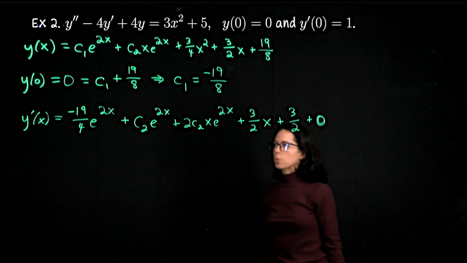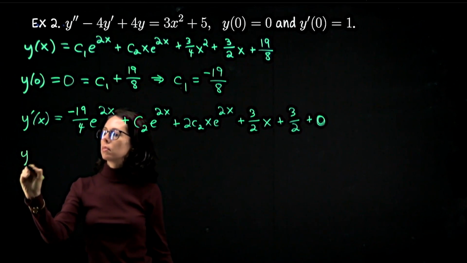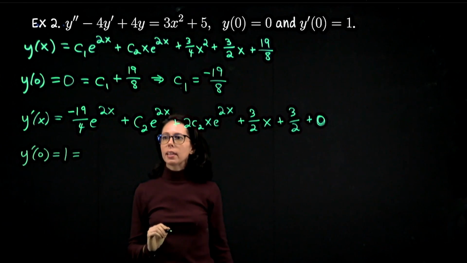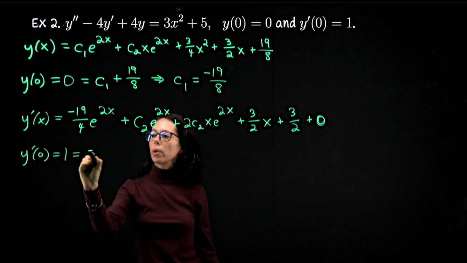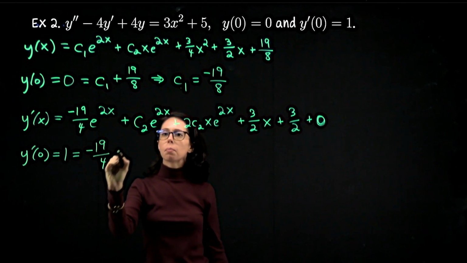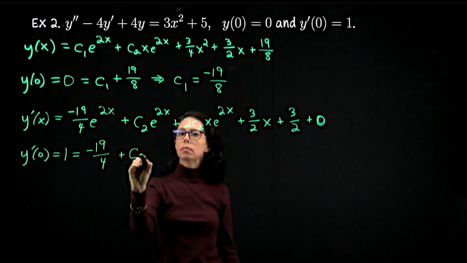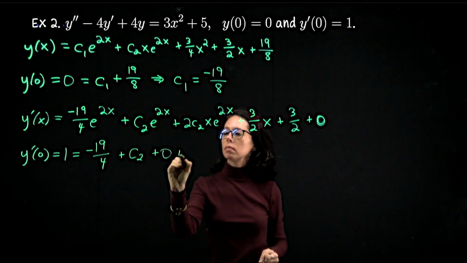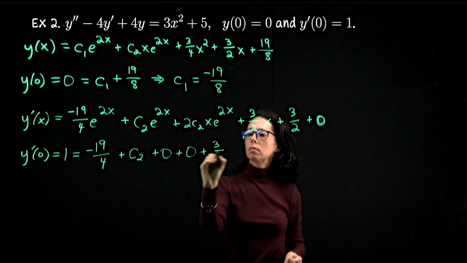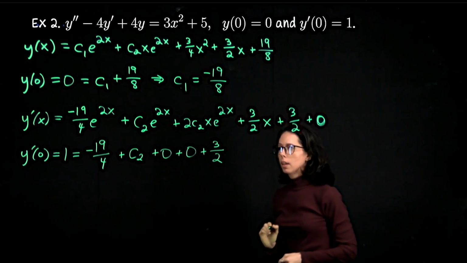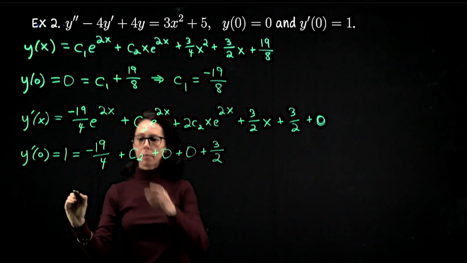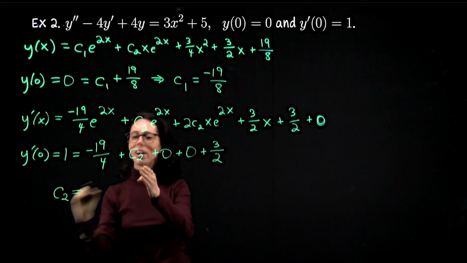Y prime at 0 is 1. When we plug in x equals 0, we'll get negative 19/4 plus C2 plus 0 plus 0 plus 3/2. All right, let me collect everything on one side. I'm going to leave C2 on the right, but write it on the left.